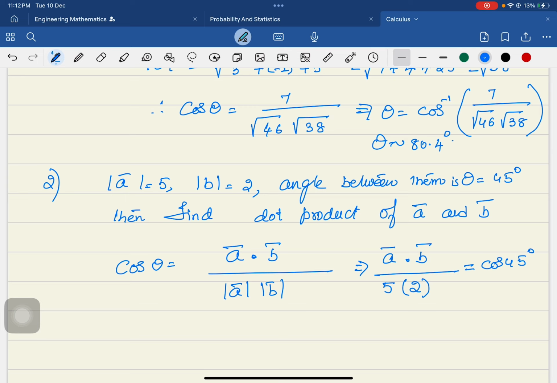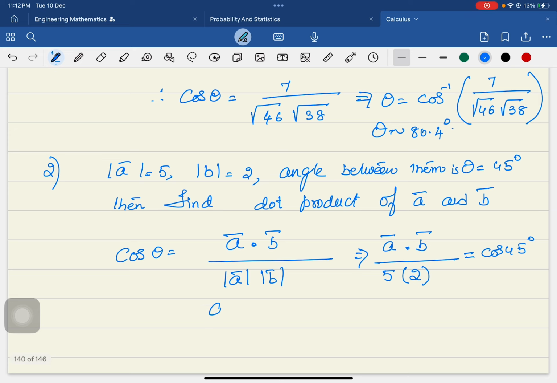It is 1 over root 2. So A dot B is equal to 1 over root 2 times 5 into 2. So that is 5 root 2. 5 root 2 is your A dot B. I hope it is clear. This is the way to find A dot B.